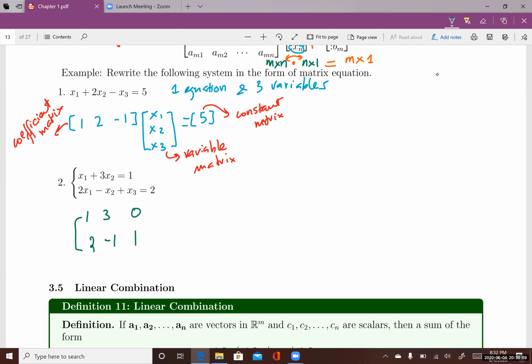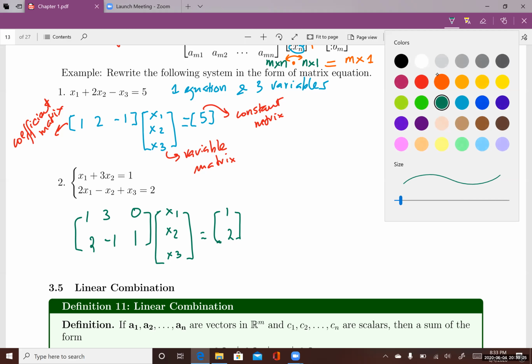For the first row, there's no x3, which means the coefficient for x3 should be 0. This is the coefficient matrix. You still have 3 variables, so the variable matrix should be x1, x2, and x3. And you have 2 equations, so your constant matrix should have 2 entries.